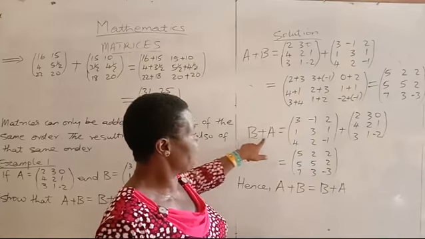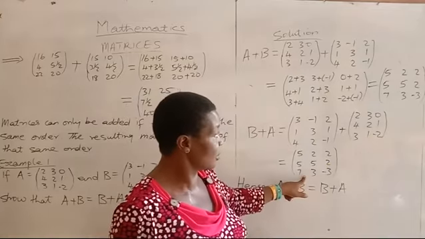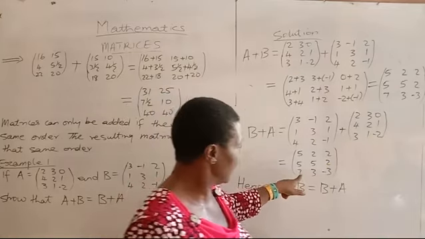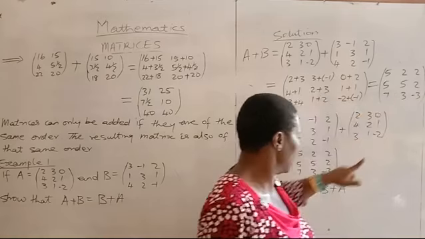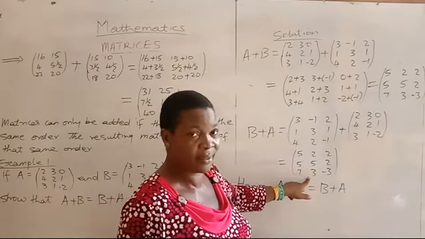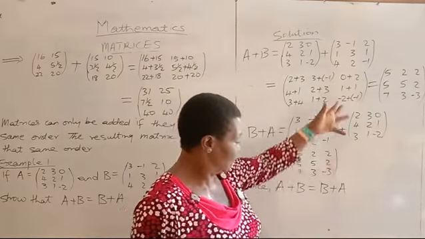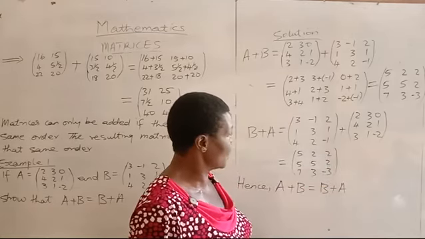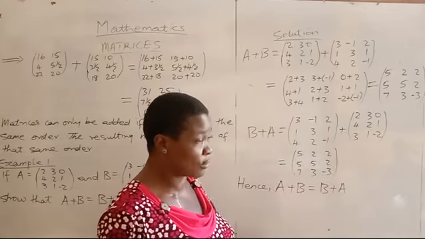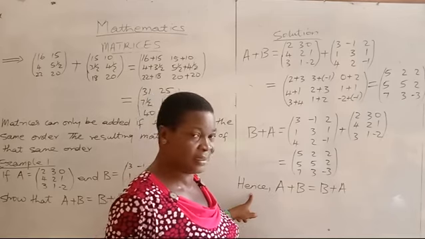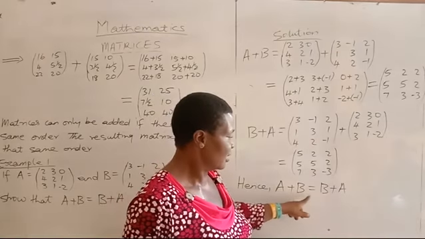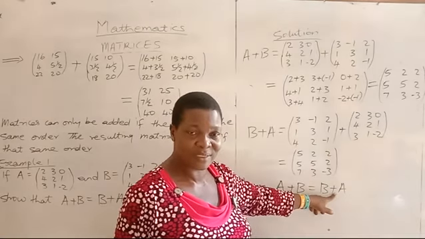And B plus A gives this result. You can see that the resulting matrix here is the same as the one here. If the solutions go that way, you simply conclude. You say, hence, A plus B equals B plus A.